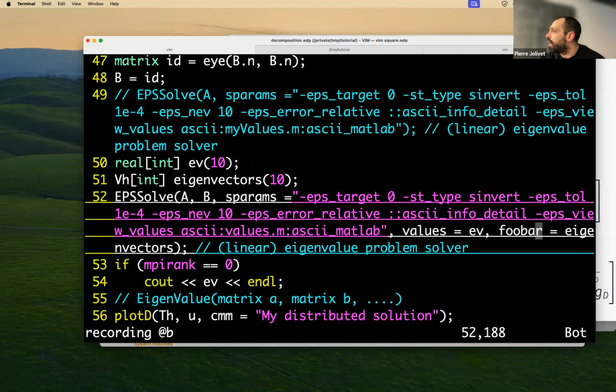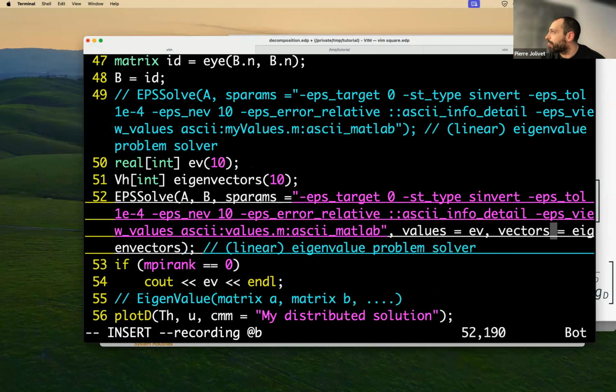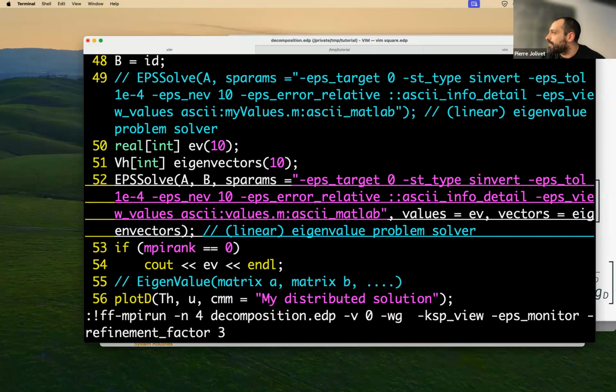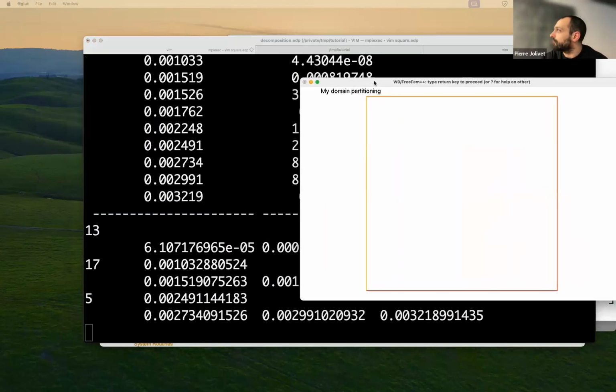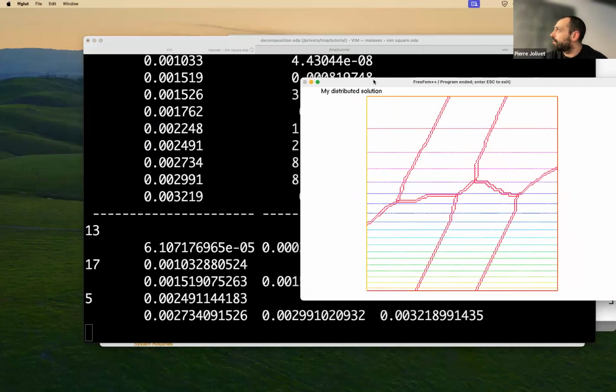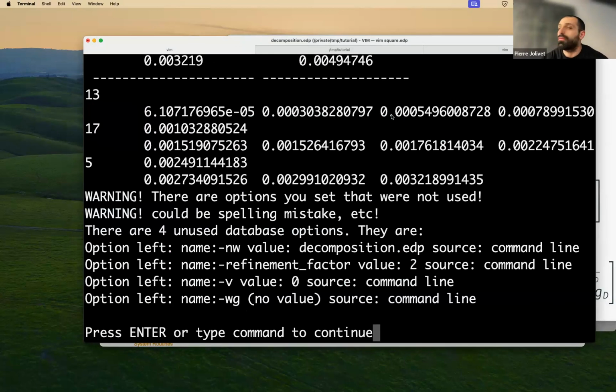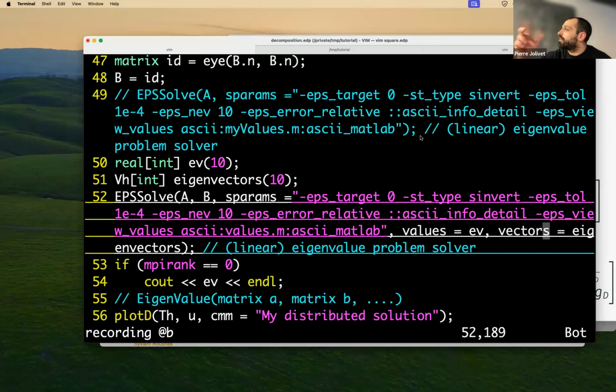Okay, so I replace foobar by only vectors. Okay, so I will decrease the refinement factor. I will increase the number of subdomains. Okay, so now the script runs, and so I will just plot the eigenvectors.